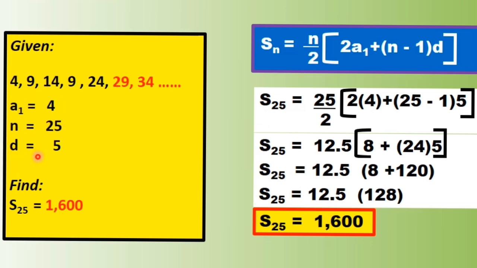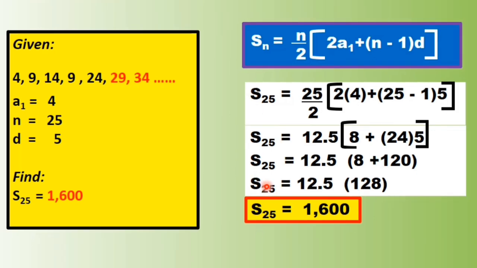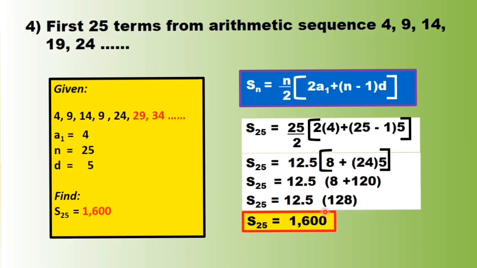So, plug in this value in this formula. So, number of terms, n is 25. 2 times the first term, a sub 1 is 4. Number of terms, and the difference is 5. So, to solve for S sub 25 is equal to 1,600.